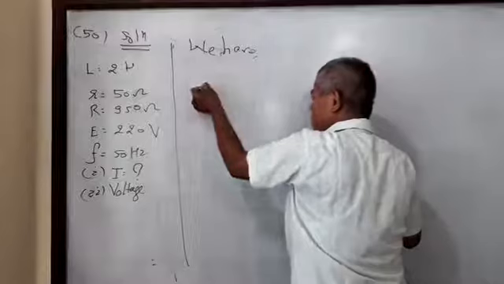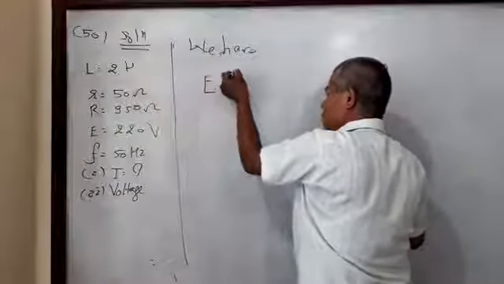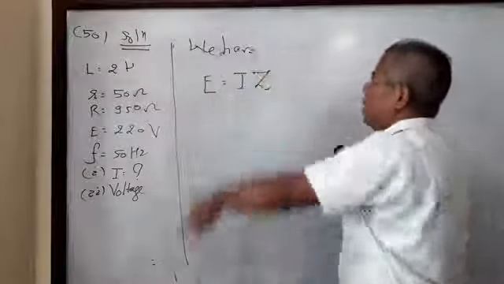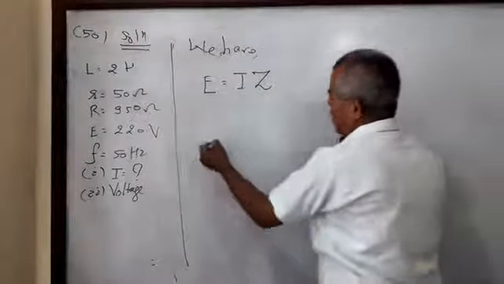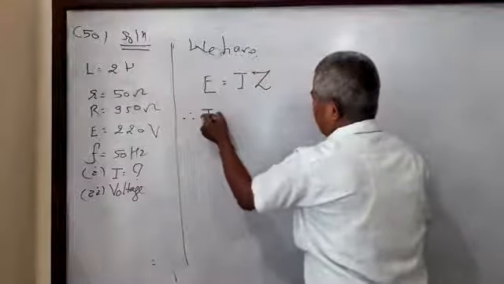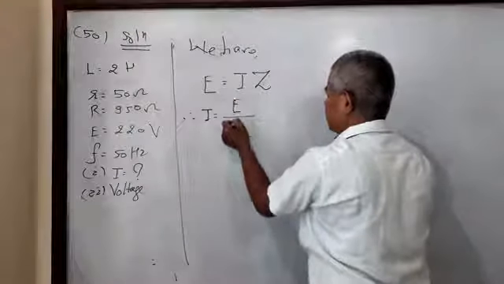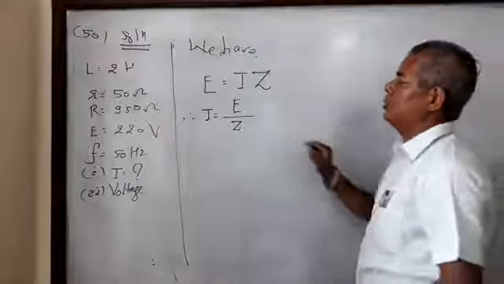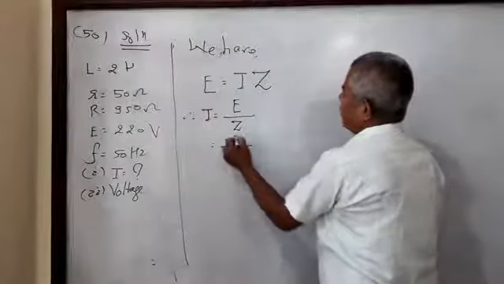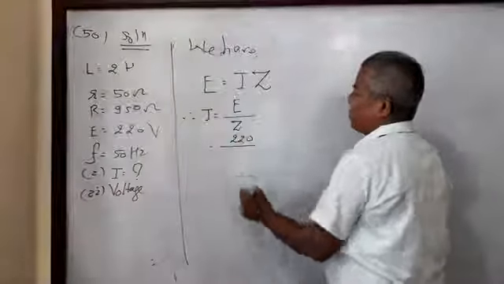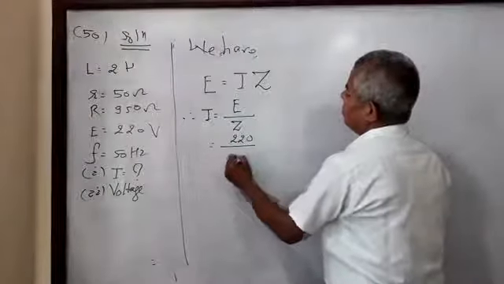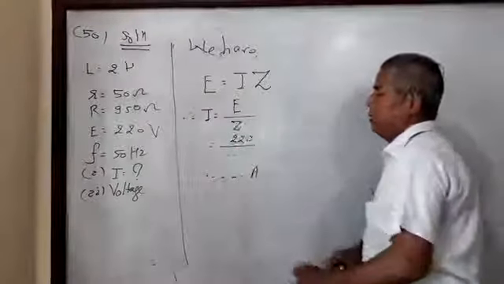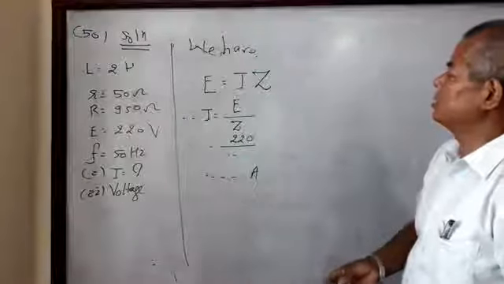But instead of V there is E, and instead of R there is Z. Therefore the current I has value E by Z. E has value 220, and Z has the value determined previously. Then the current is in ampere. This is the first part's answer.